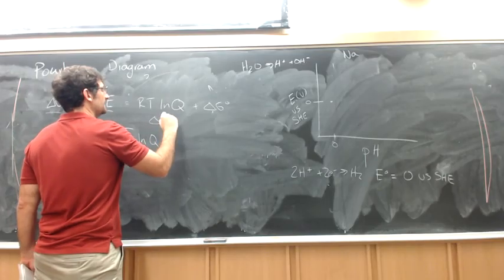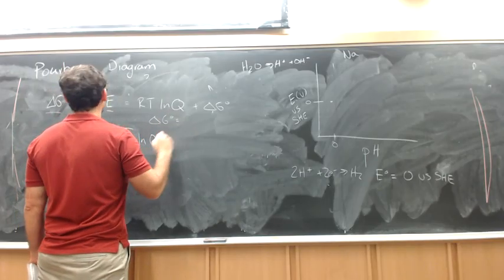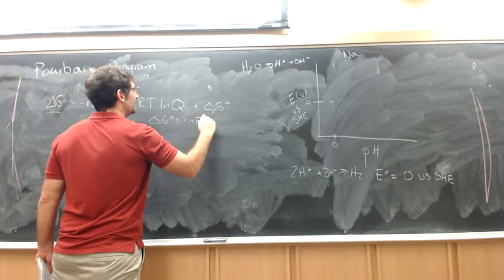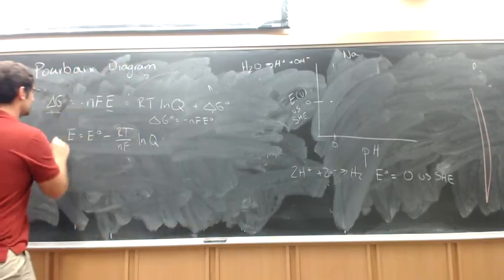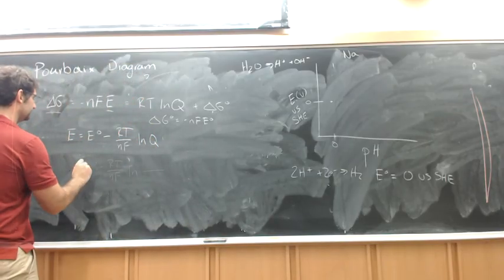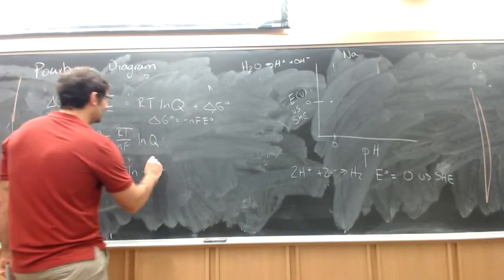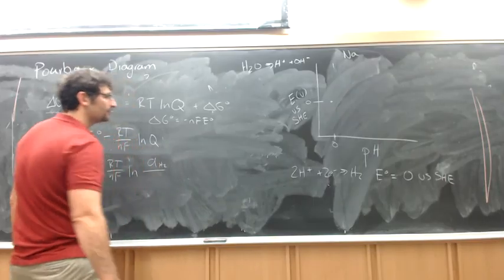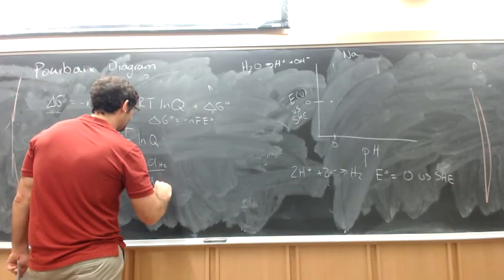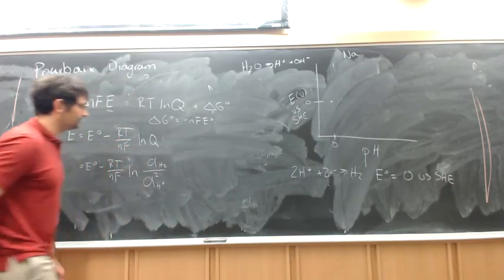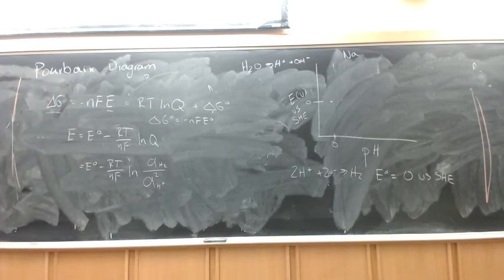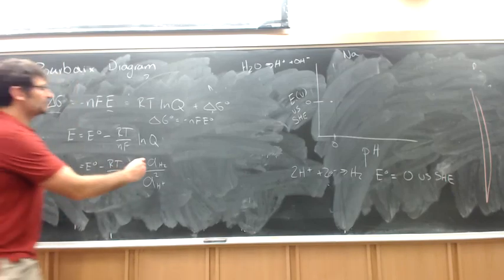Delta G naught equals negative nFE naught by definition. So that's easy. So what's Q here? Product over reactants. So aH2 over aH+ squared, right? Pretty straightforward.